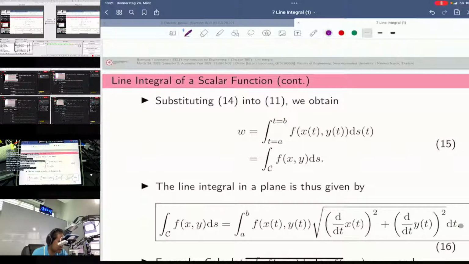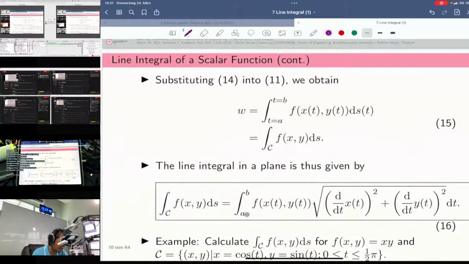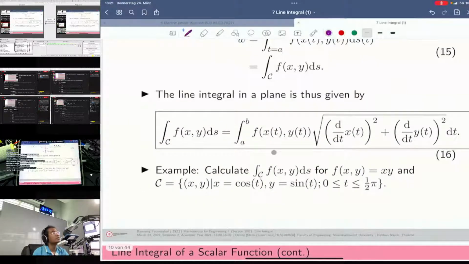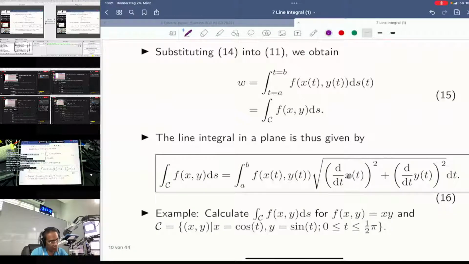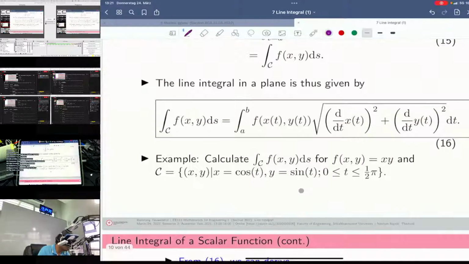Integration is made with respect to t, from point A to point B along the curve C. So that's the formula for the line integral, and I have introduced the derivation of how to approach this formula to you already.